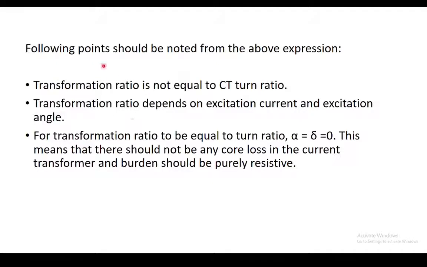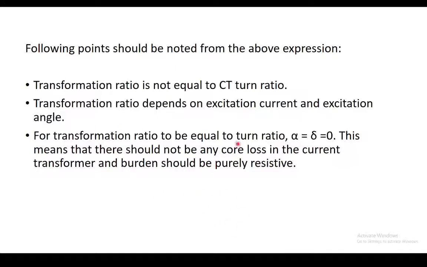Based dun sa mga equations or mga formulas na nandun, may mga following points lang tayo na dapat tandaan. Yung transformation ratio ay hindi equal sa current transformer turn ratio. Yung transformation ratio naman is nakadepende sa excitation current and dun sa angle.